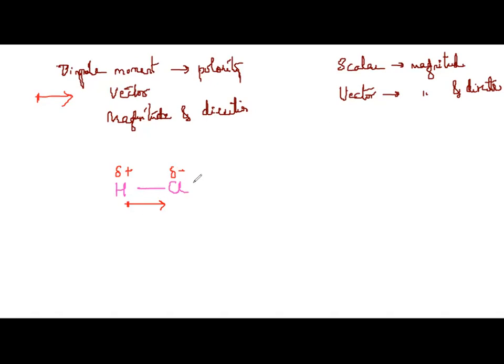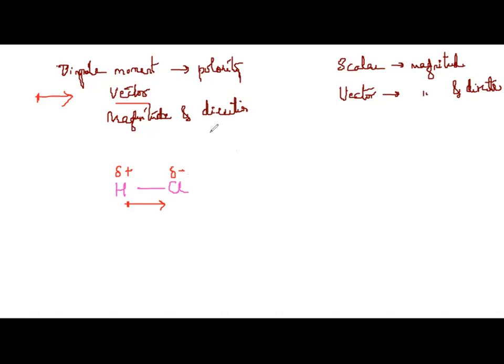Yes, it shows in which direction. Therefore, dipole moment is a vector quantity. It has both magnitude as well as direction. And delta plus and delta minus represent the partial charges which arise due to the difference in electronegativities.